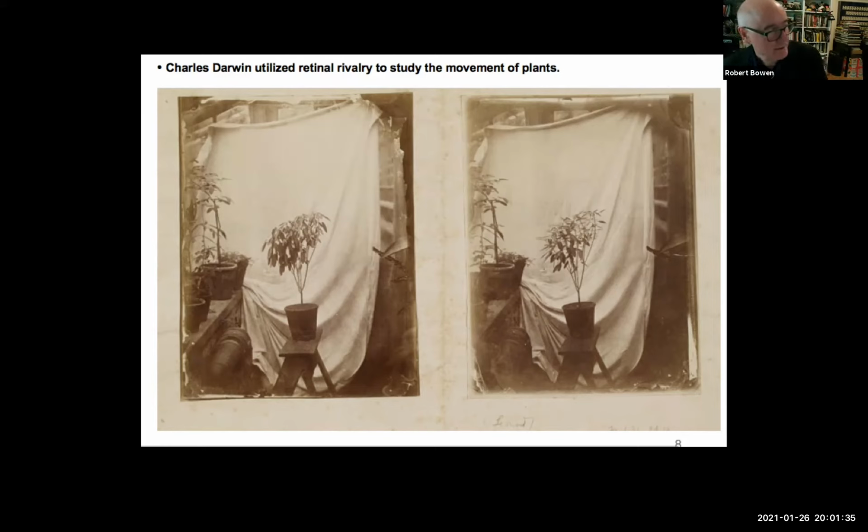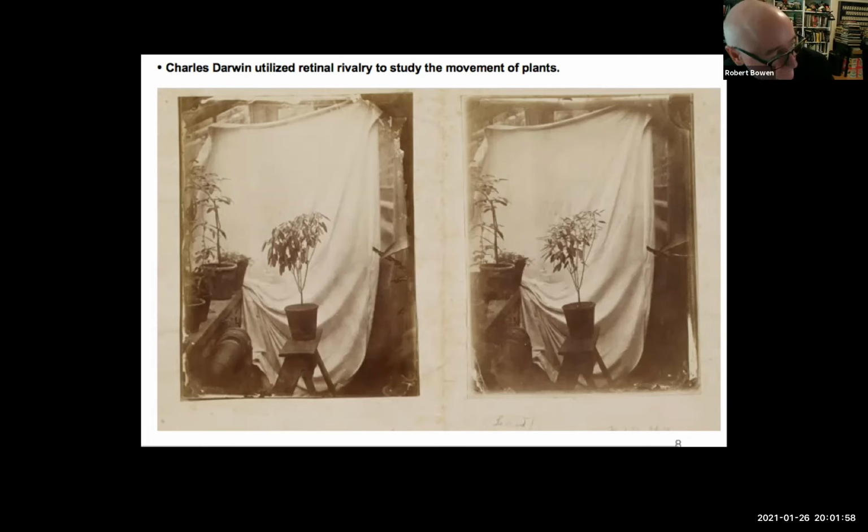And so these are extremes of the movement of the Jade Plant. And when you look at it through the stereoscope, you don't really see a stereo image at all. But what you see as you blink your eyes is this movement between the limits of the movement of this plant.